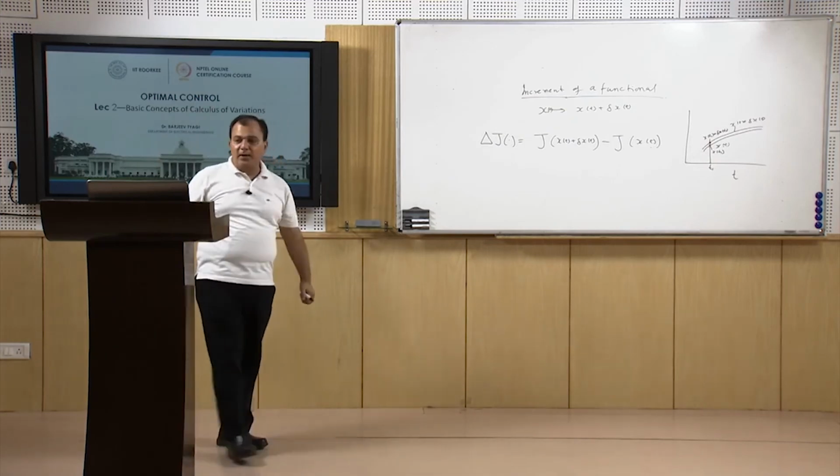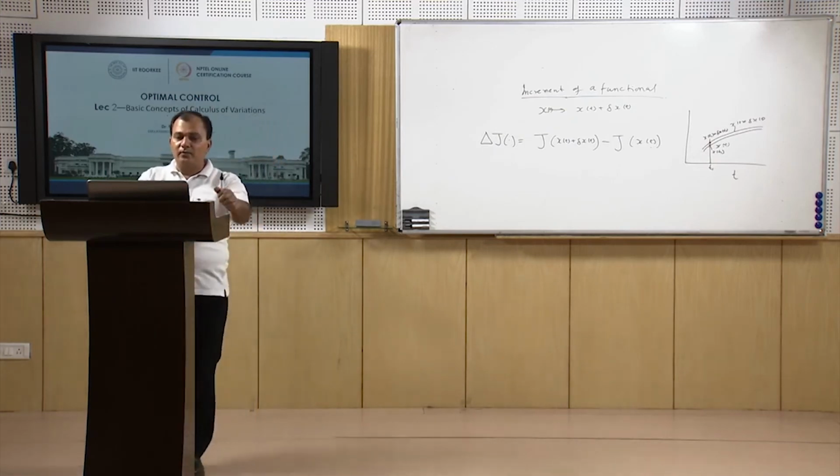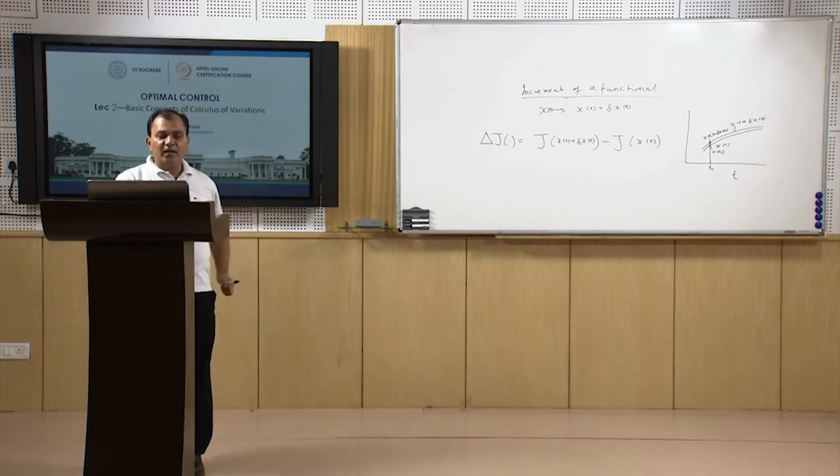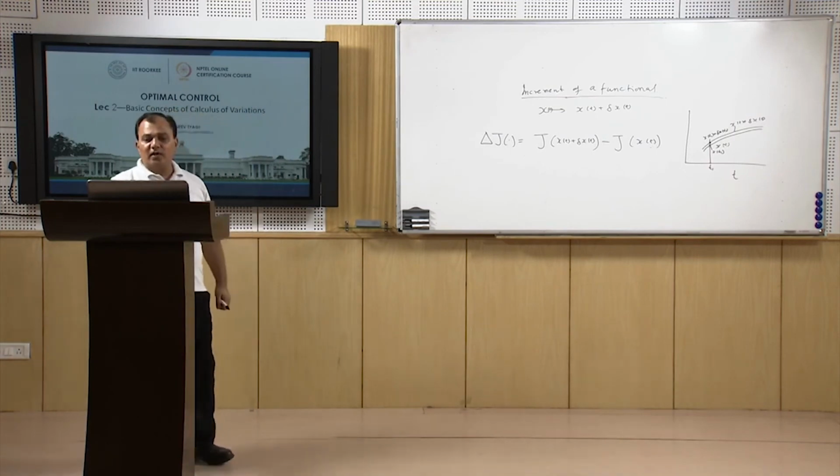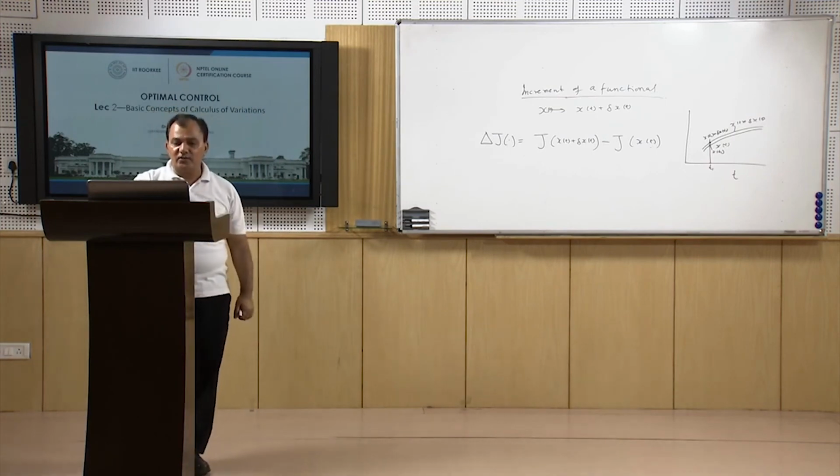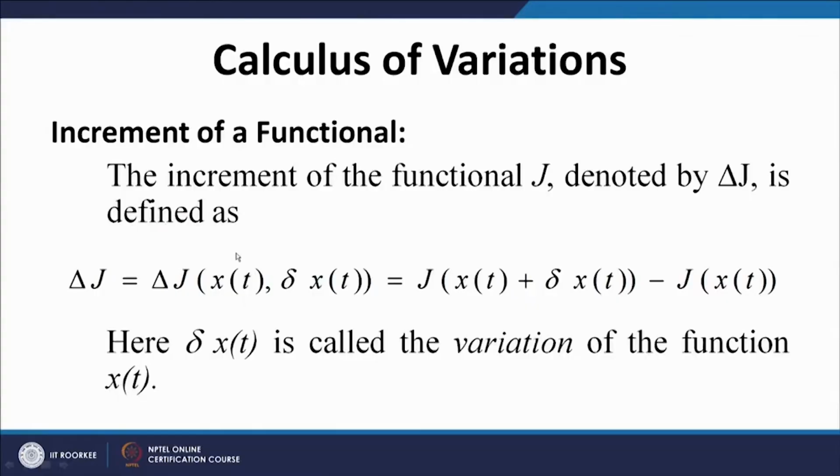This is the increment of a functional, and here delta x(t) is called the variation of the function. This means the function x has the variation delta x at each instant of time, and we represent the whole as x plus delta x.